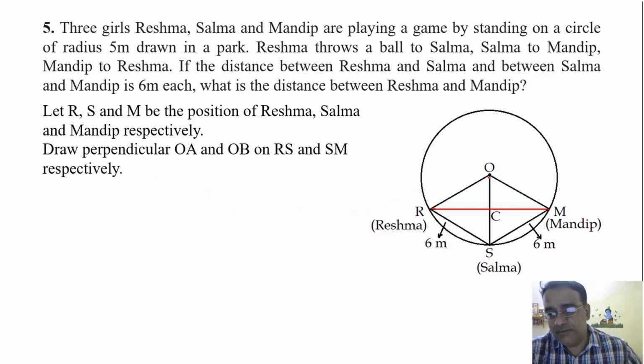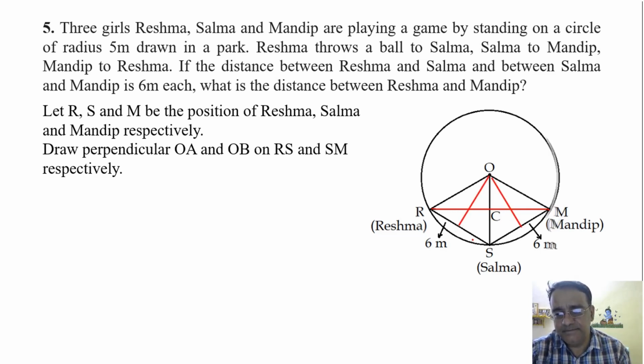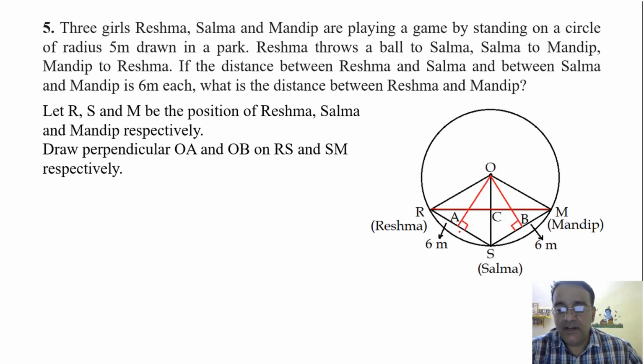Now we will draw one perpendicular from O to RS and O to SM. See, सबसे पहले OA perpendicular draw किए, फिर OB, right? Now we know that the perpendicular drawn from the center to a chord bisects the chord. So what is AR? 3 meter.